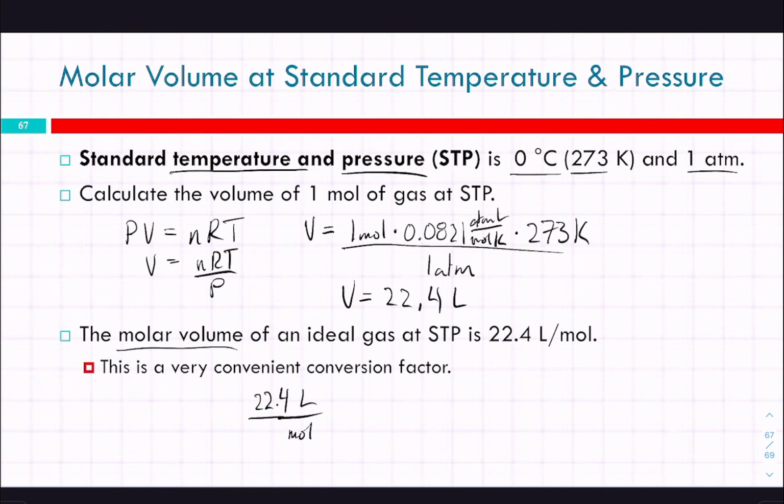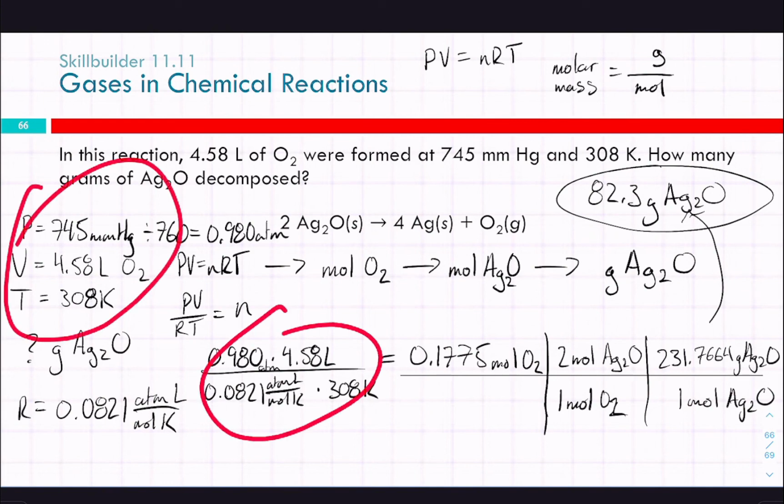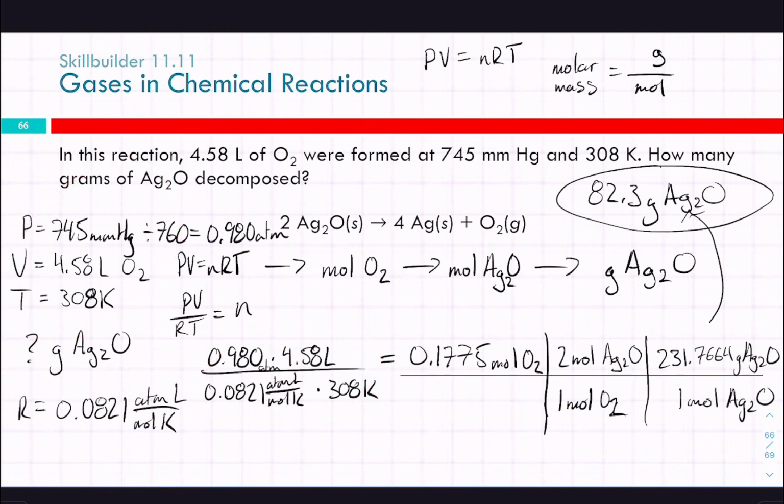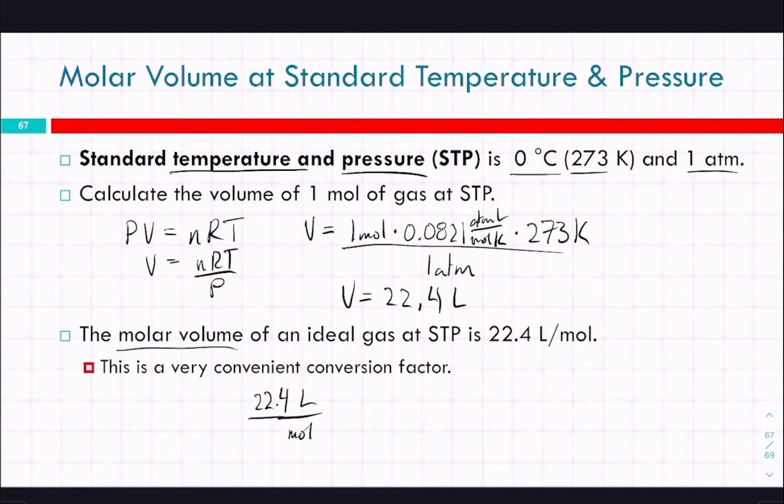So definitely, if we go back to a problem like this, where there was a lot of work that we had to do, the whole PV equals nRT thing, I will definitely give you a problem where you don't have to do this, because I'll say this is at STP. So all you'll have to do is go from the volume to the number of moles using molar volume.